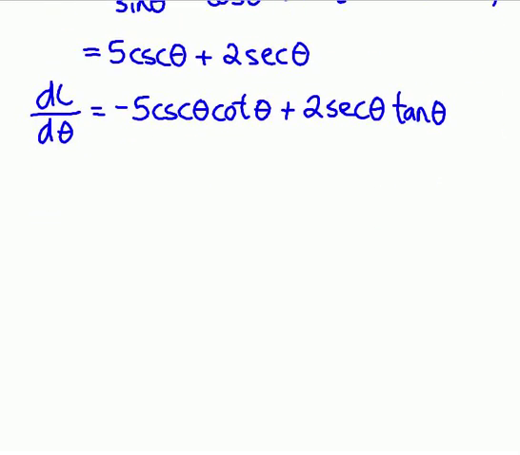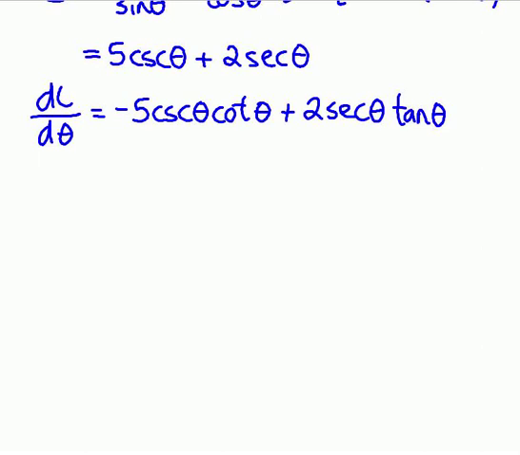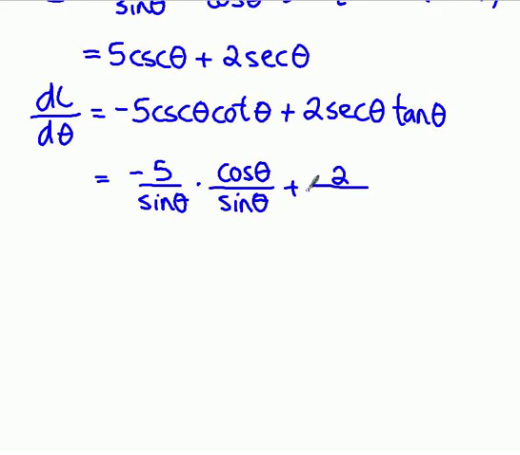And I eventually need to set that equal to 0, find out where it doesn't exist, and solve it. And it's going to be easier to work with this in terms of sines and cosines, I think. So I'm going to rewrite this as negative 5 over sine theta times cotangent, which is cosine theta over sine theta. And then I'm going to say plus 2 secant, I'm going to write as 1 over cosine.